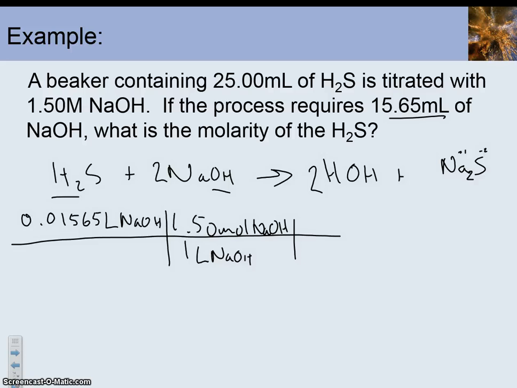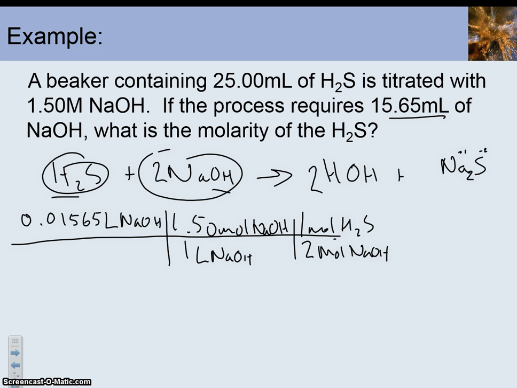Then we're going to take our balanced chemical equation and look at the ratio of H2S to NaOH, and I find it's a 1:2 ratio. So for every 2 moles of sodium hydroxide I have just 1 mole of hydrogen sulfide. So this is going to give me, once all my units cancel out, 0.01174 moles.